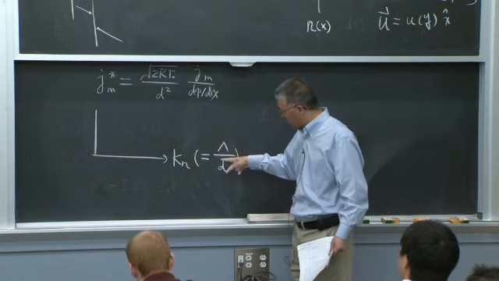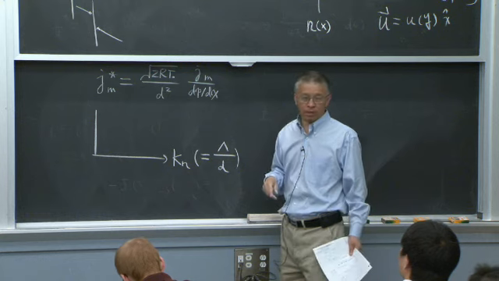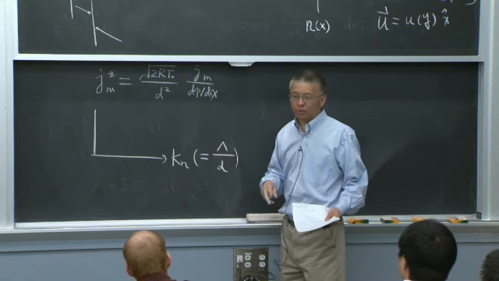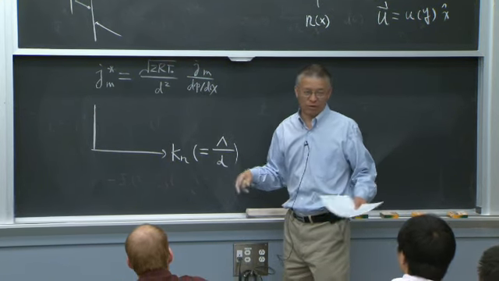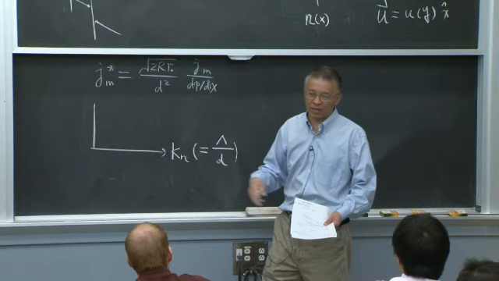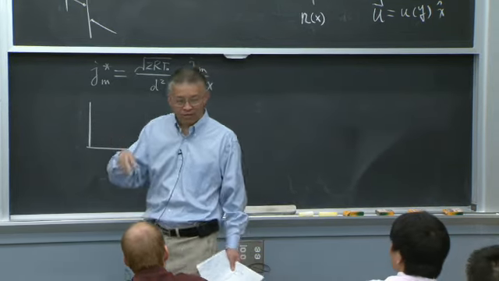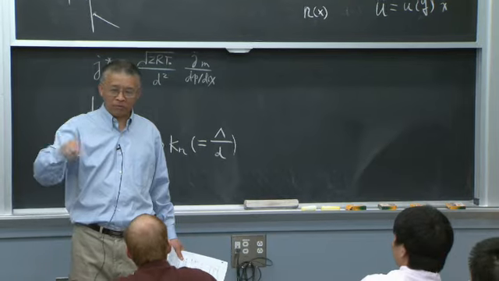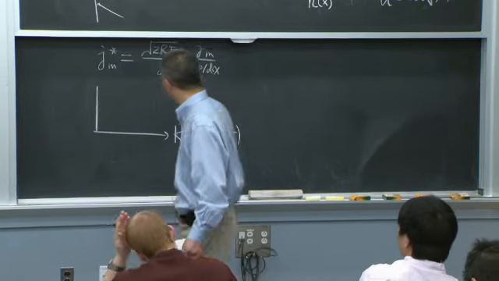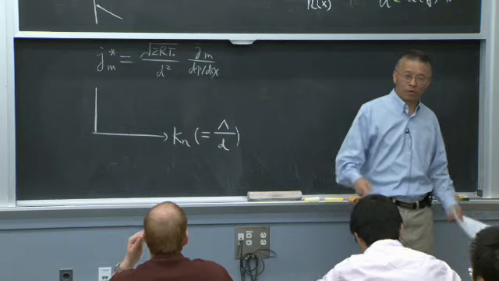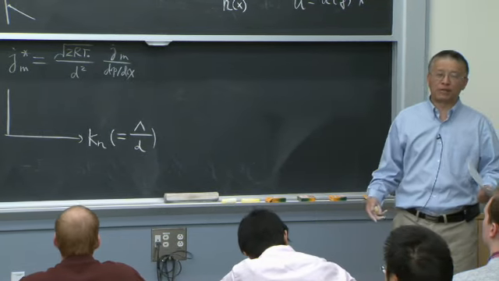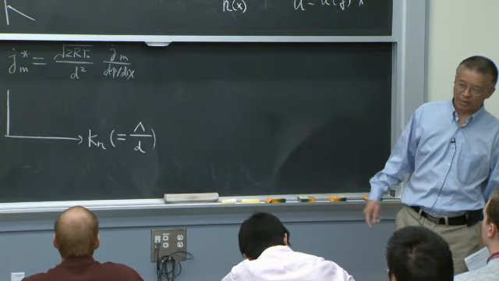But the mean free path over d is the Knudsen number, and that's the one with the longest history. So if you say Knudsen number for photons, Knudsen number for electrons, that's all fine. You just need to follow the same: mean free path over the thickness, over the characteristic length. There are people who actually call the inverse the Knudsen number. That's wrong.